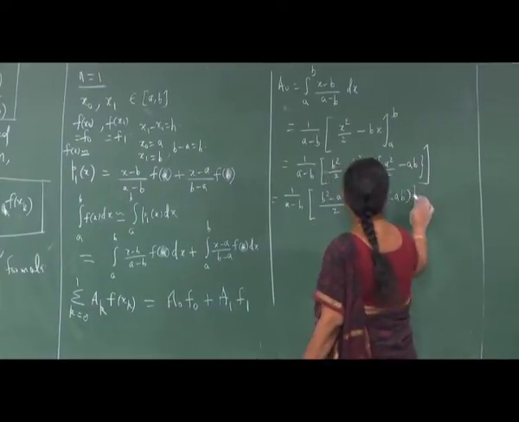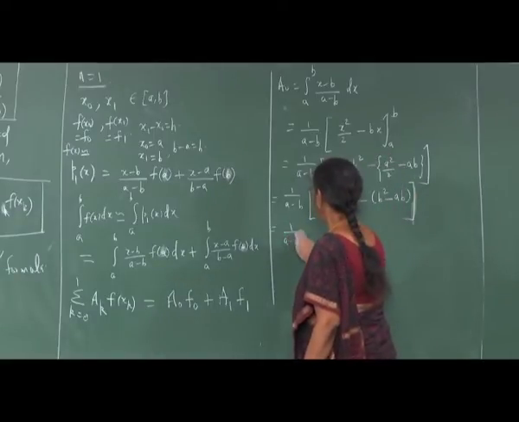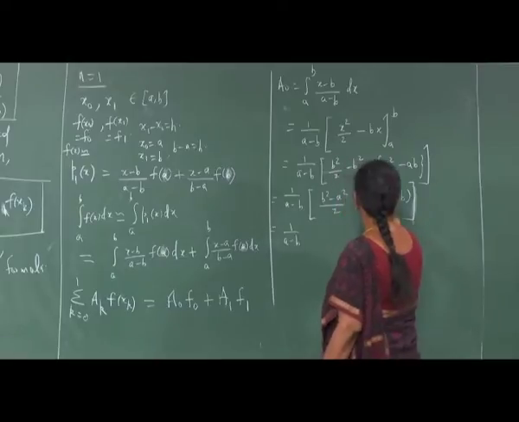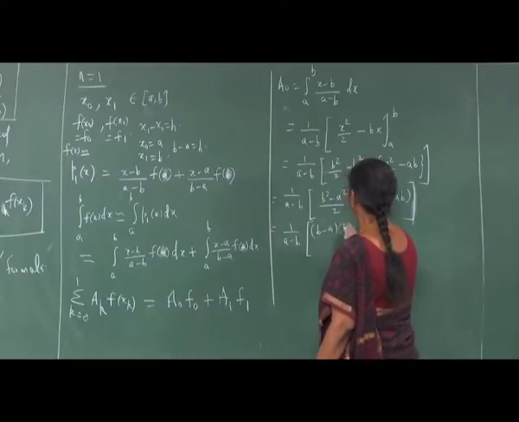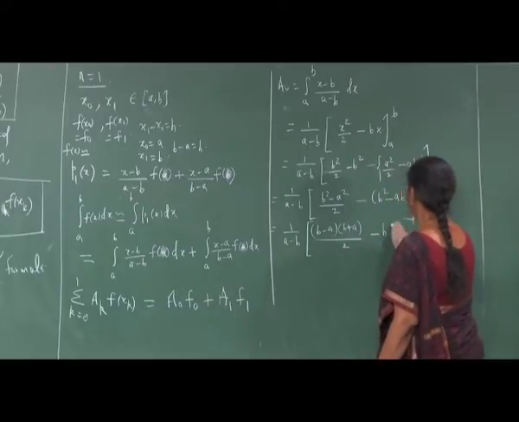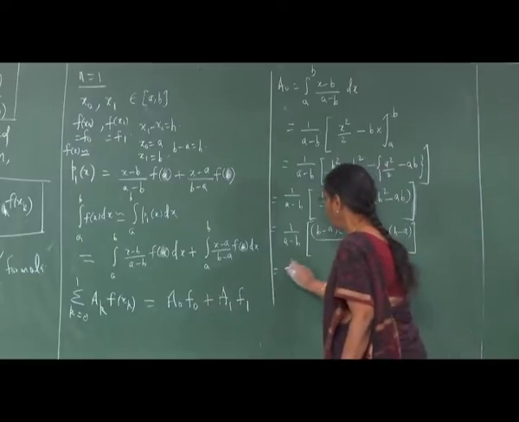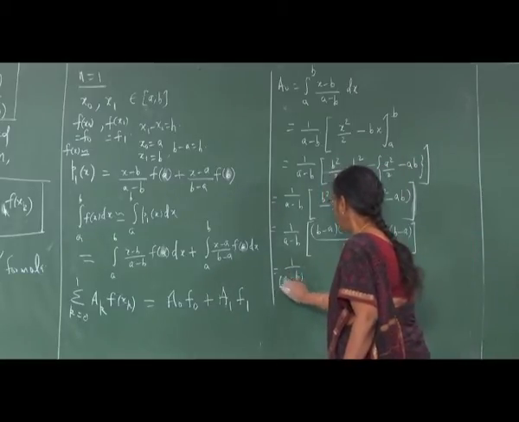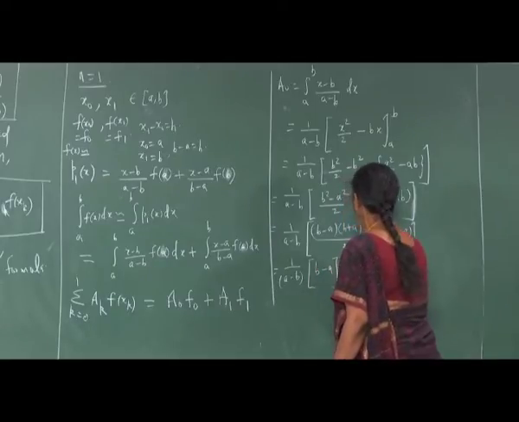So this gives you 1 by a minus b into, I can write this as b minus a into b plus a by 2 minus b into b minus a. So 1 by a minus b into b minus a factor can be taken out.